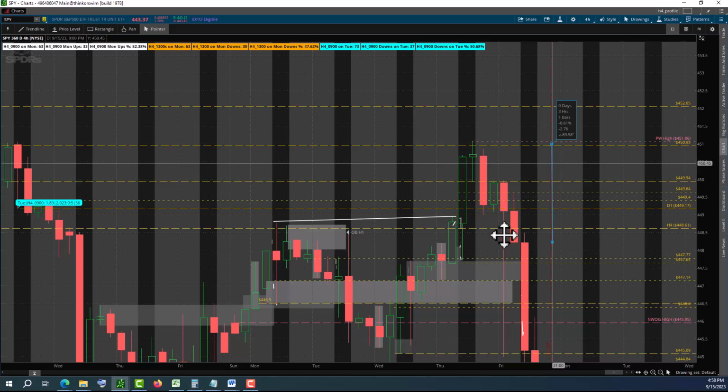So whoever bought into all the sell side liquidity right here got trapped, boom. Before the market opened, they already lost a huge amount of money. They lost $2.76. So if they bought call options, they're in huge trouble right there.